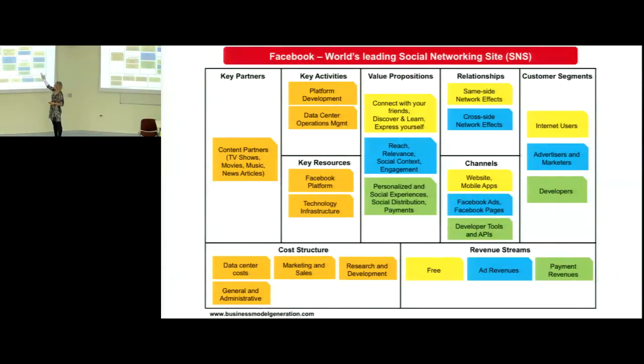So Facebook, for example: connect with your friends, discover and learn, express yourself, reach content, find and engage with it, and have some sort of personalized social experience. From what you know, Facebook, does it achieve all that?